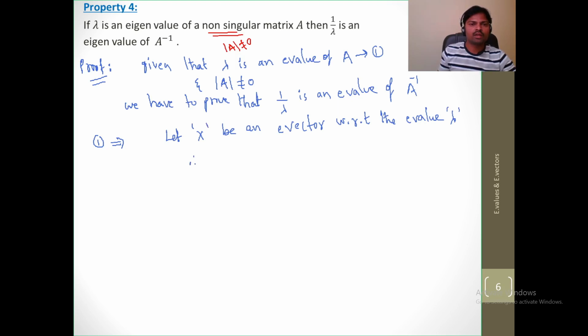Therefore, clearly we can write that Ax is equal to lambda x. Why? Because x is an eigenvector with respect to the eigenvalue lambda.